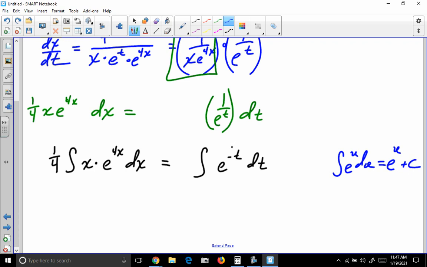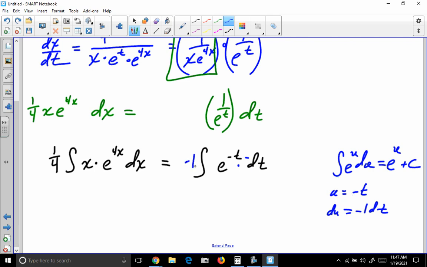So our u is going to be negative t. So du would be -1 dt. So we need to multiply the dt by -1 and divide by -1 out front.